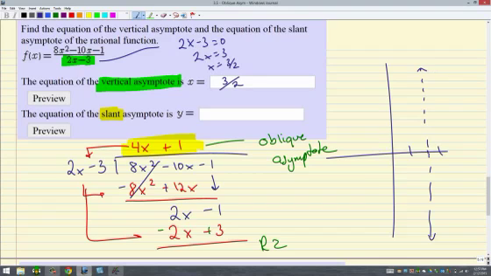Our oblique asymptote is at 4x plus 1. And you know what 4x plus 1 looks like. It's a line. It has a y-intercept at 1 and a slope of 4. 1, 2, 3, 4 up and 1 to the right. So this is going to have an oblique asymptote that looks like this.